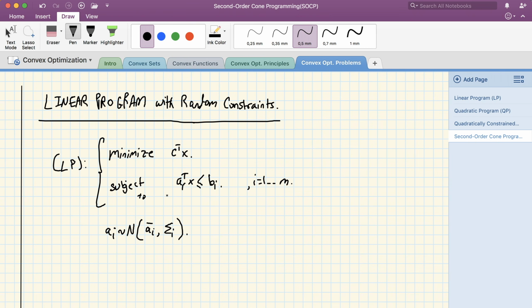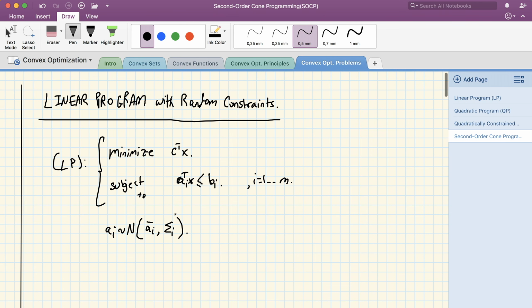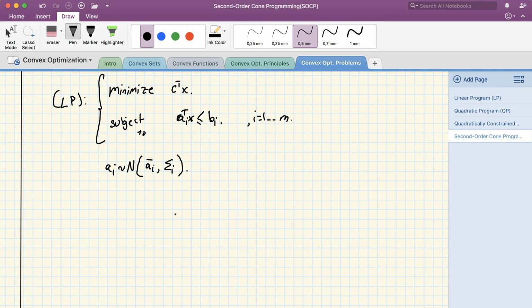So in that case, we cannot just write this inequality. It doesn't make sense since AI is random, right? So instead, what people do is replace the linear inequality with a probability inequality.